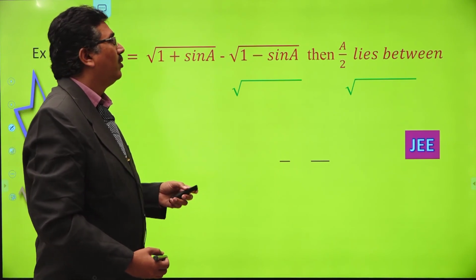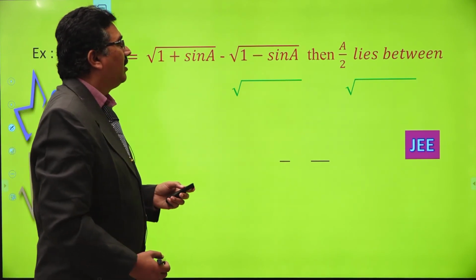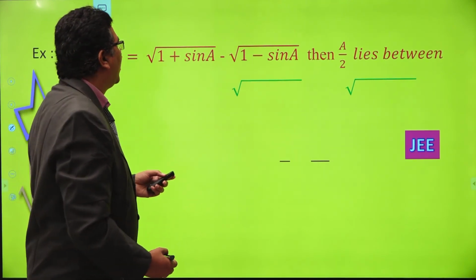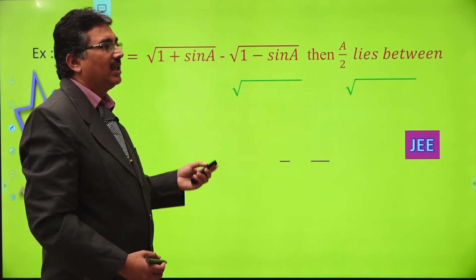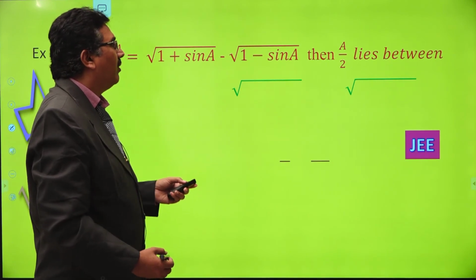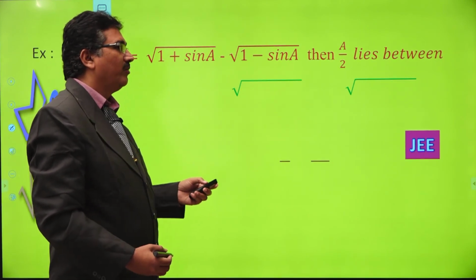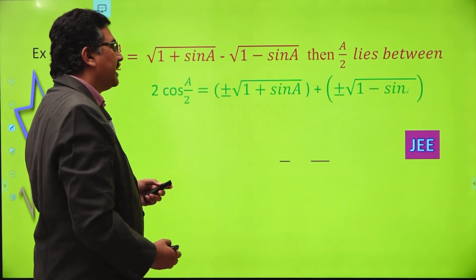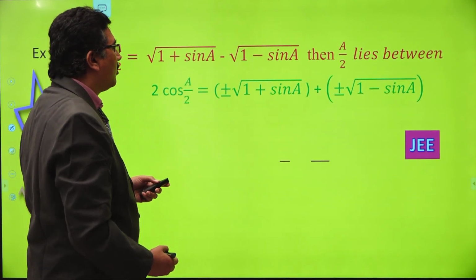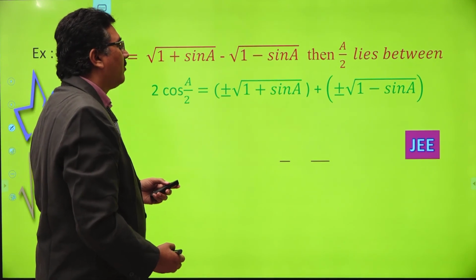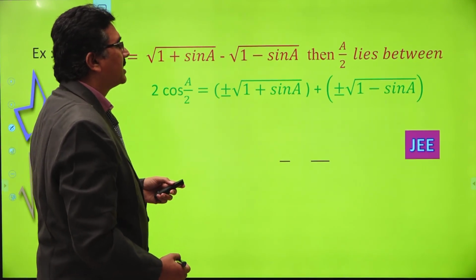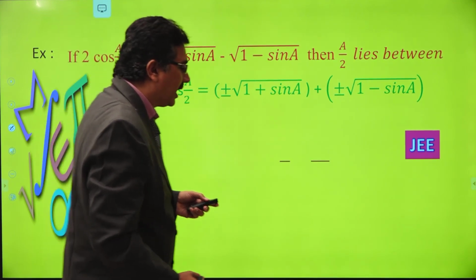Now compare the given equation with the actual value of 2 cos a by 2. Right? 2 cos a by 2 is equal to plus or minus square root of 1 plus sin a, plus or minus square root of 1 minus sin a.